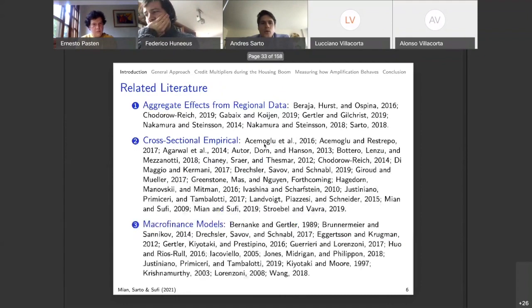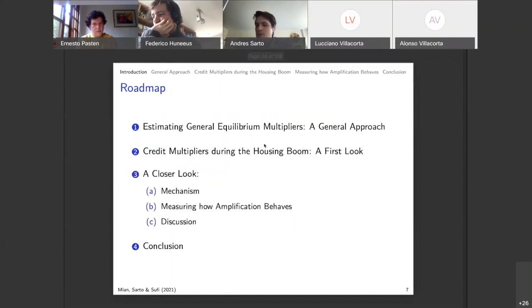Okay, so let me skip the literature review so that I can actually get into the details. So the plan is, as I was saying, first to show you a little bit of the estimation part. At some point I'm going to ask you to be patient, because some of the things are going to be very intuitive from the model, but maybe not if I show it to you right away, which is what I'm going to do.